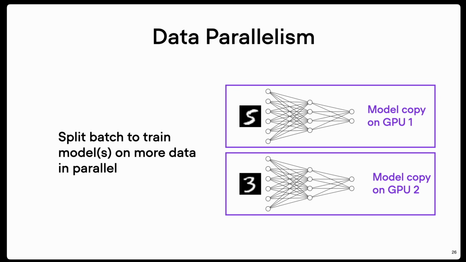Usually we refer to them as micro batches. And this helps essentially to train the model faster, because we can iterate through the data set faster by having multiple GPUs work in parallel. Depending on the method, it will then average the gradients or average the loss to get through the data set faster.